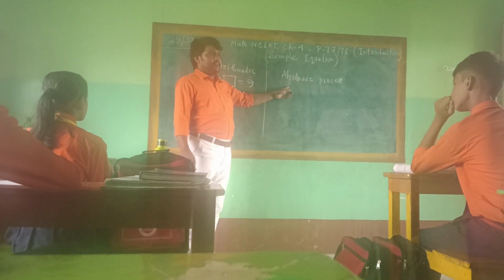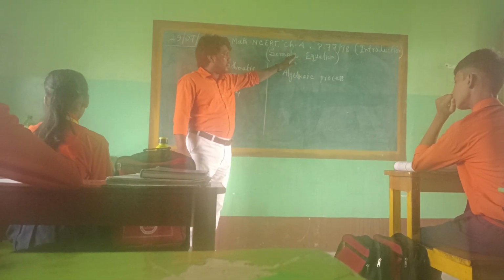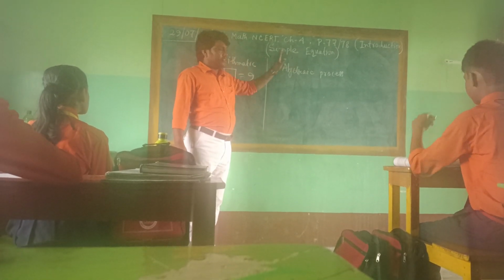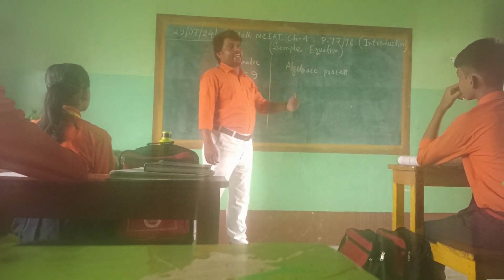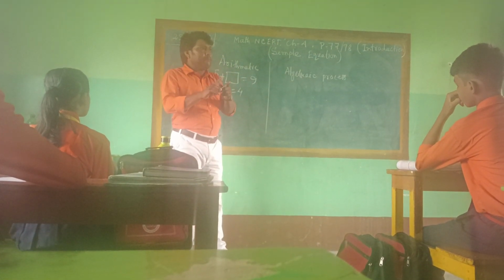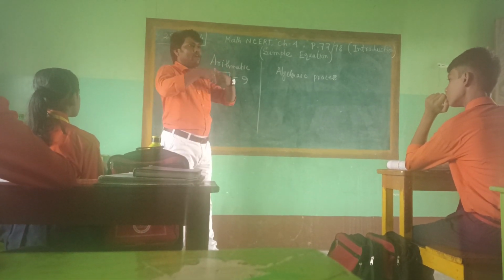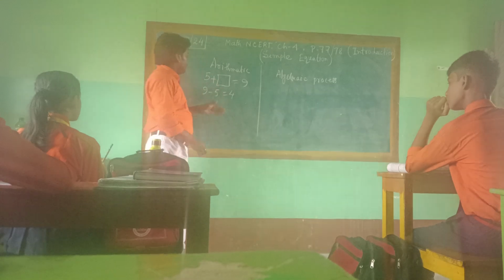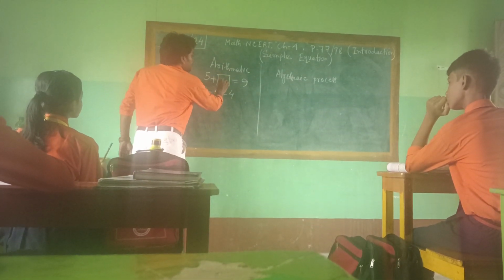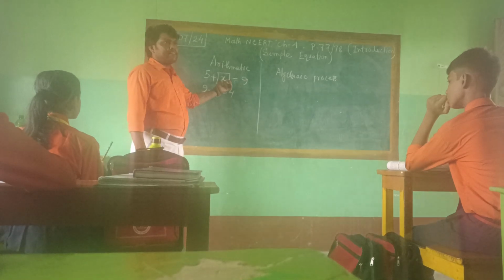But when you apply this simple equation under this chapter, then you will have to express the problem in an equation. So how will we construct the equation? Let the number be x.